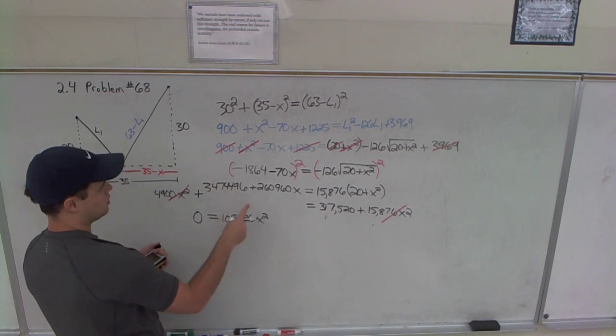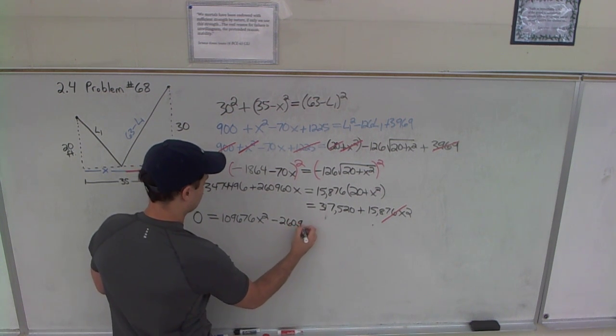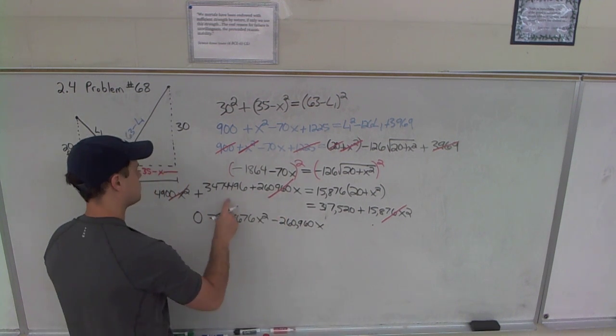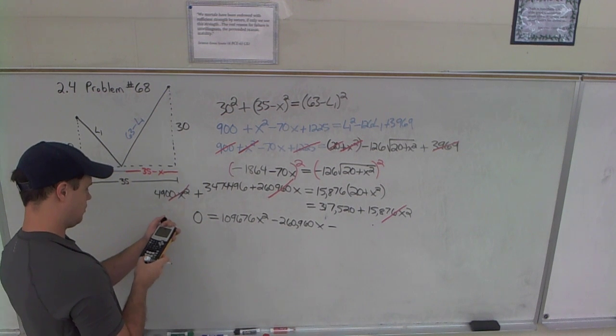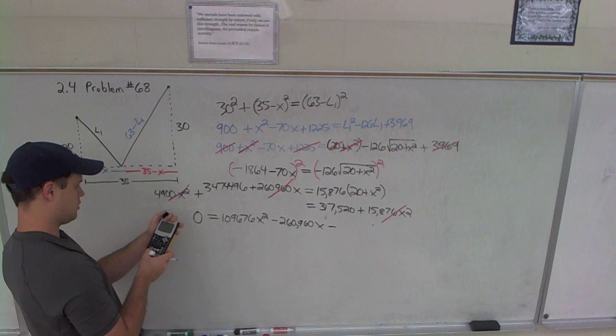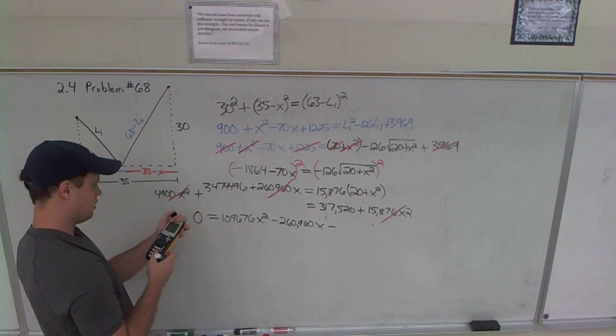And then I'm going to say subtract this over there. And I'm going to subtract this really big number over there. So we have 317,520 minus 3,474,496.